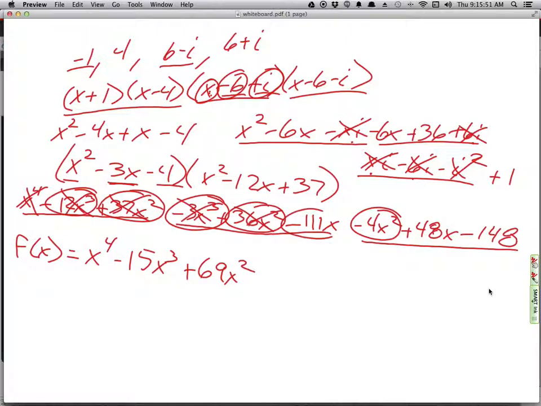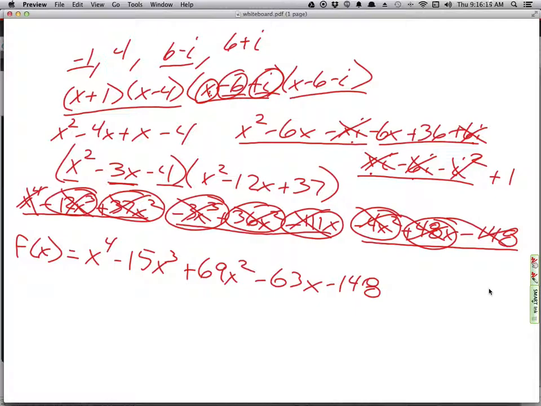Then I have those, so that's negative 63x, and then I have the minus 148. So there is my function. And it has zeros of negative 1, 4, 6 minus i, and 6 plus i.